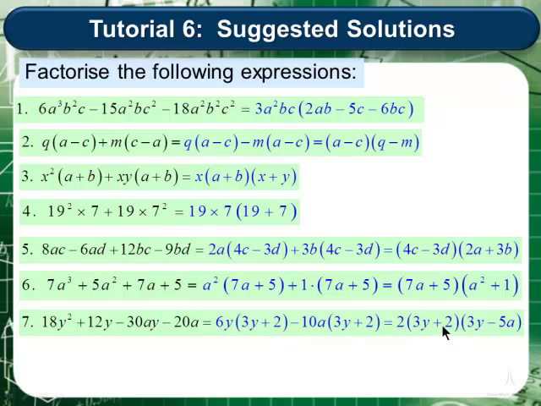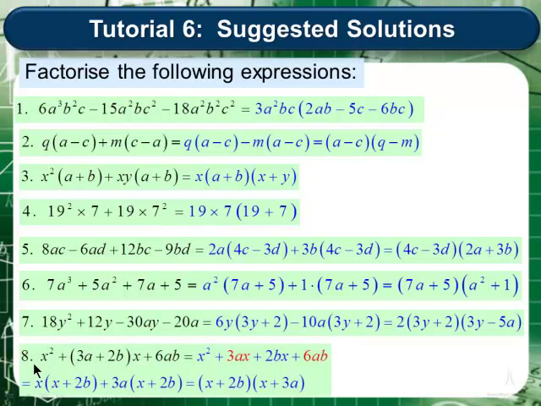Okay, and what remains after that will be in our case 6y minus 10a, but there is a common factor 2 in that case, so we write that separately. So 2 times, in this case, 3y plus 2 multiplied by 3y minus 5a will then be the final factorized version of this original expression using the grouping technique.